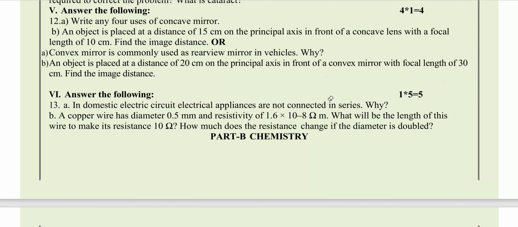Constant means same. The current is constant throughout the circuit. Full stop. Next point. If one component fails, component means an appliance, one device, then it breaks the other components.